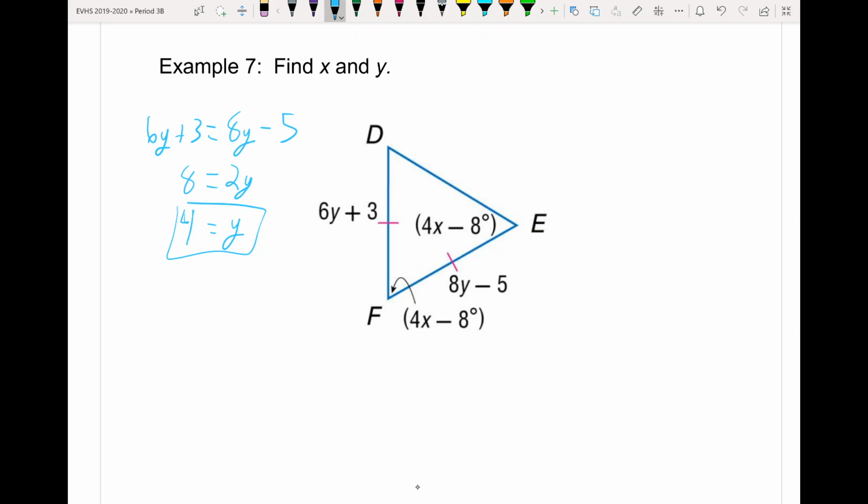Okay, now, our isosceles triangle theorem tells me that equal sides implies that opposite angles are equal. So if angle E is 4x minus 8, then angle D is also 4x minus 8. What about F? It equals itself?